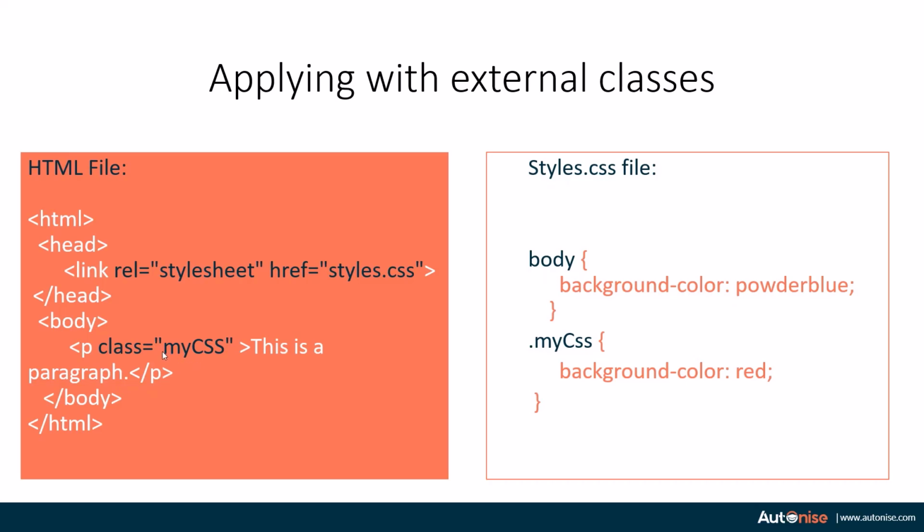You may notice that we have not added the dot before my CSS. So the dot is just used to specify that this is your class, but while using the class, you don't need to specify the dot. If you do this, your paragraph will have the background color as red.